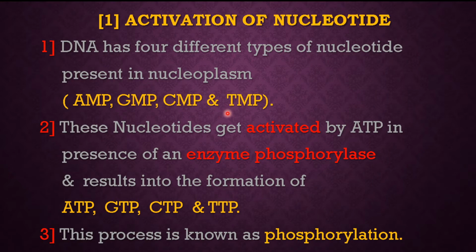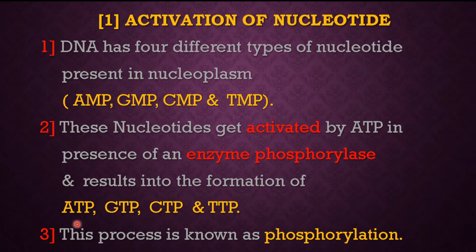As soon as the replication process starts, all 4 nucleotides become activated by ATP in presence of enzyme phosphorylase, and it results in the formation of triphosphate.